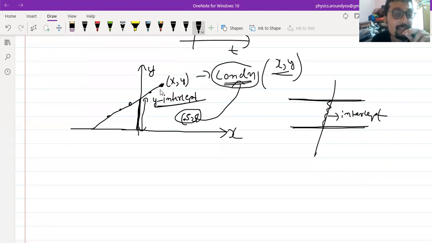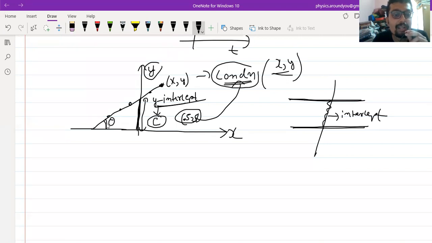This is because this is created by the line with respect to the y-axis. So this becomes the y-intercept, and it has a symbol. The symbol is small c. What is the symbol of y-intercept? Small c. Right.